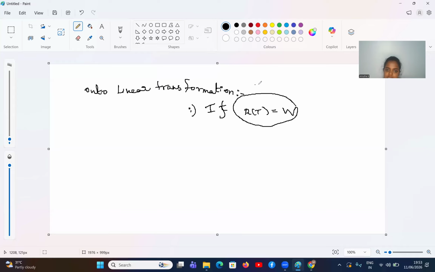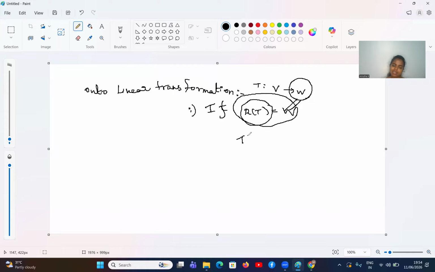We know that T is a map from V to W. When we find the range space, if we get a range space equal to the full W, then we can say that the map is an onto linear transformation.